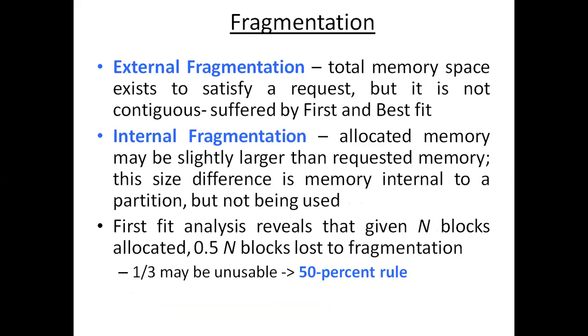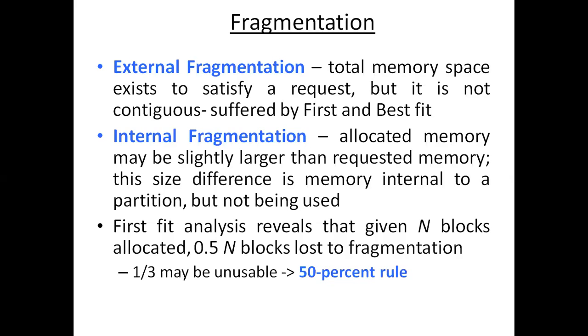There are two kinds of fragmentation: external fragmentation and internal fragmentation. What we mean by external fragmentation is, let's say the total memory space exists to satisfy a request, but it is not contiguous. I'll give you an example.